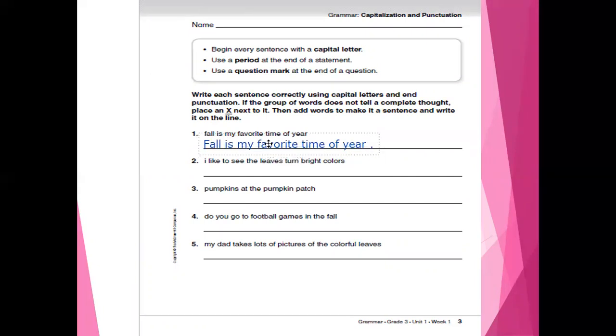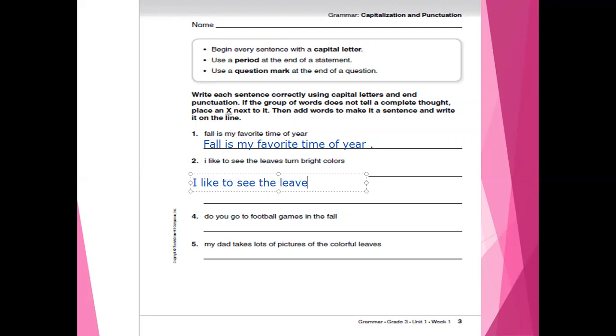Because this is a statement. I like to see the leaves turn bright colors. Here it's a statement, but we should start with a capital letter and end with a period. I like to see the leaves turn bright colors. Period.